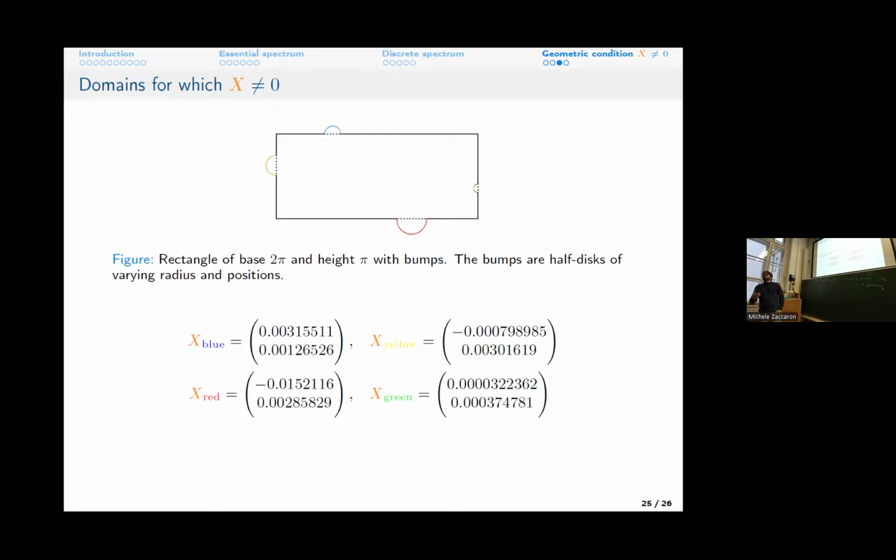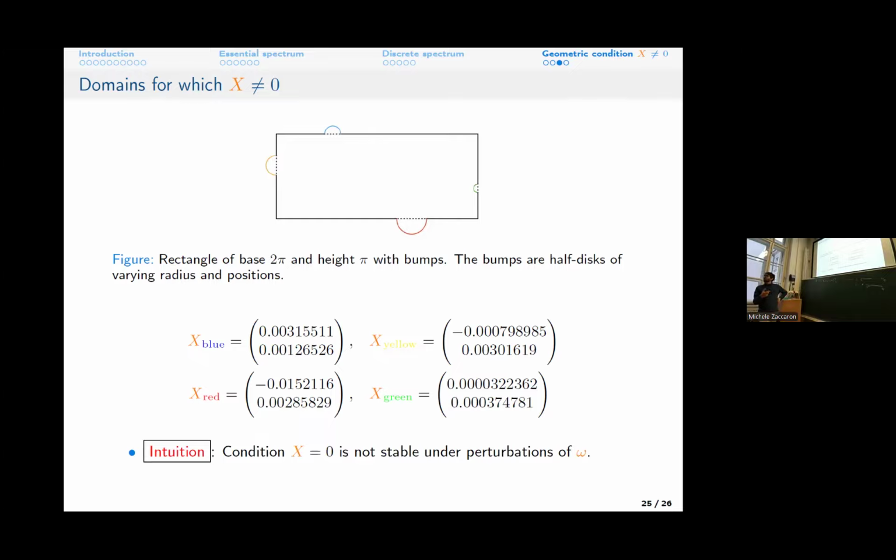Waveguides in application. For example, for the rectangle x is 0, but if you slightly perturb its shape, so you destroy its symmetry, for example, here you create a bump on each side. So when you perturb the rectangle, by this side in blue, you can see that x is different from 0. You can see that x activates.